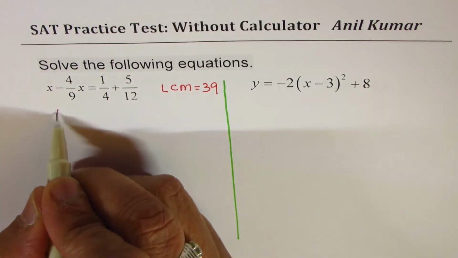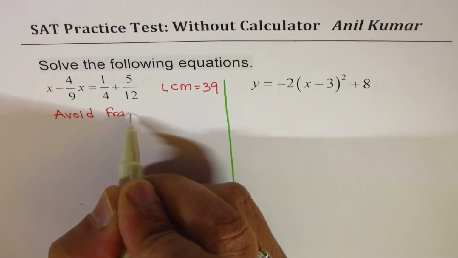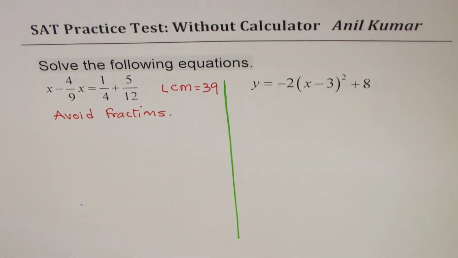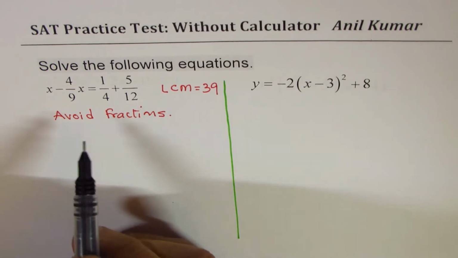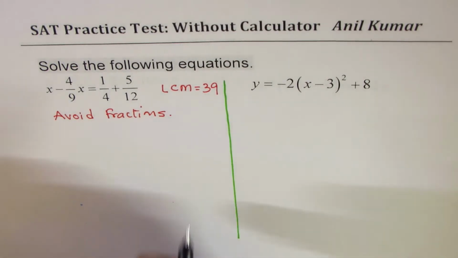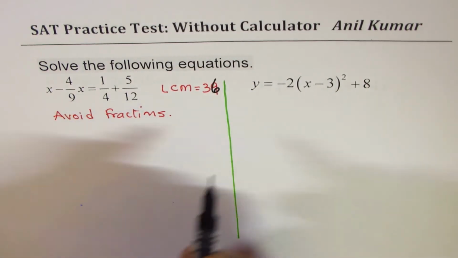So the strategy is to avoid fractions. Instead of learning tricks, you need to learn strategies. So how do you avoid fractions? You multiply by the LCM, I mean 36.